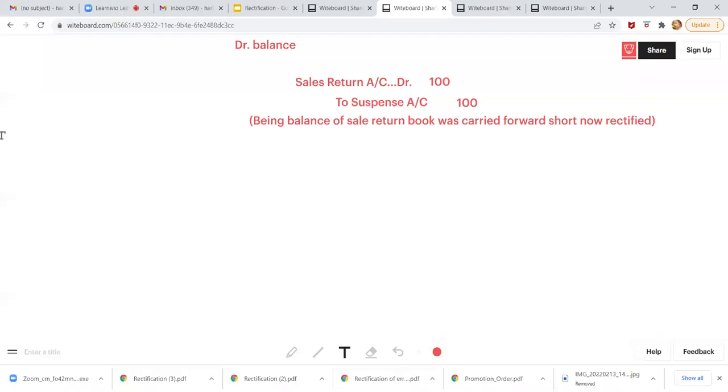Now we have the next question: sales book was overcasted by 200. Right. So here, now tell me, what is the balance of sales book? As we have discussed recently, the balance of the sales book is a credit balance, right?